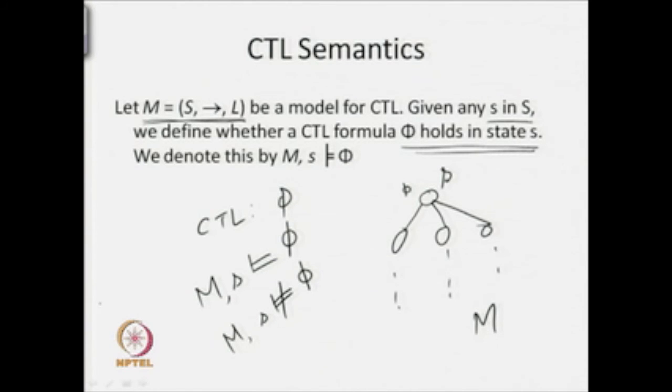Just consider one particular formula, say AFP or EFQ. That means this is one CTL formula, and this is another CTL formula. First, we should have the label of this CTL formula in a state. Then, if EFQ holds in S, we can say that AFP or EFQ also holds in this state, because one of these components is true. So, if we look at a particular formula, we have to look at it component-wise, and after that we look at the entire formula.